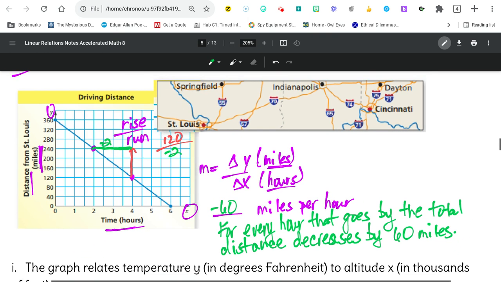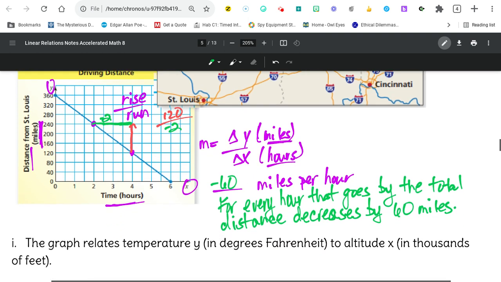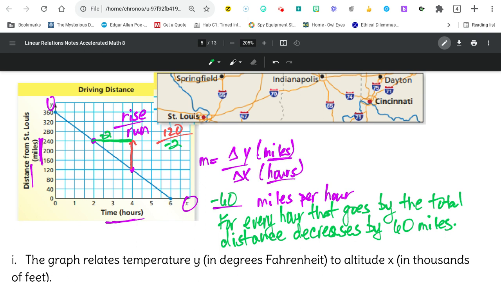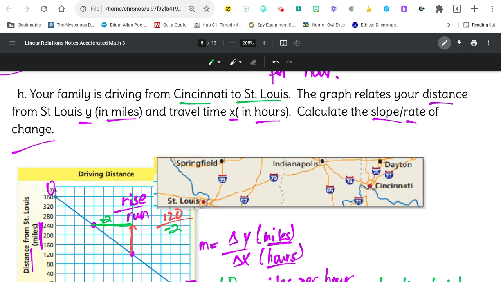Okay? That's that. Weird problem. I would have written it a different way. My graph would have went up and not down. But since it's going down, I know it's a negative slope. So it has to mean that for every hour that goes by, that person has decreased the distance from Cincinnati to St. Louis by 60 miles.